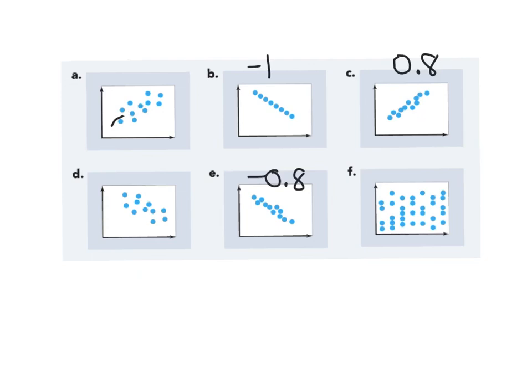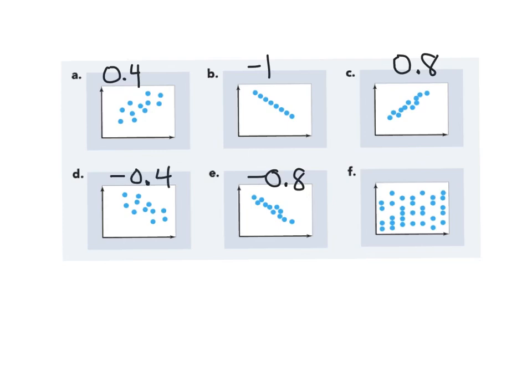But the dots are a little bit further away from each other than in C. So I would maybe say that this would be a +0.4. Okay, so that's kind of what that would look like. Now for D, the dots are generally going downward, so it's going to have a negative correlation. And I would say probably a -0.4 for this one as well.